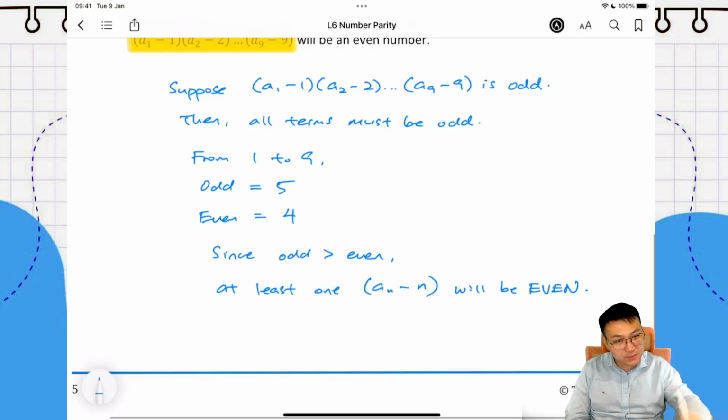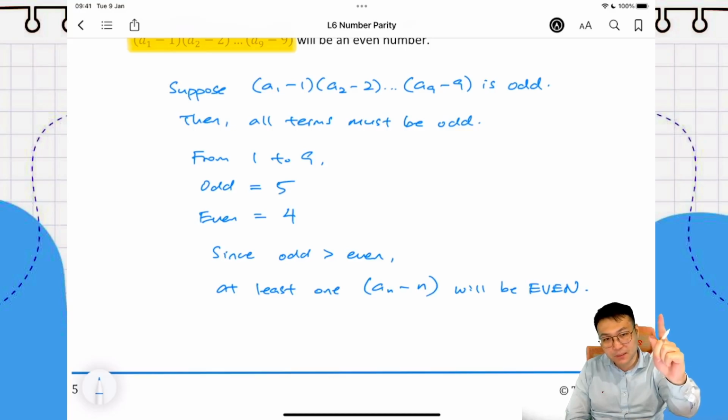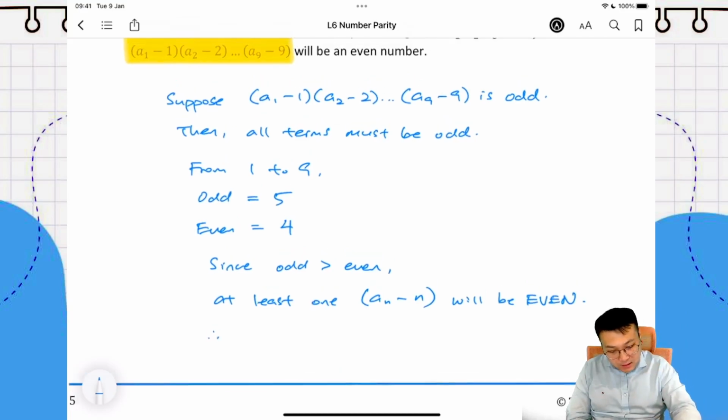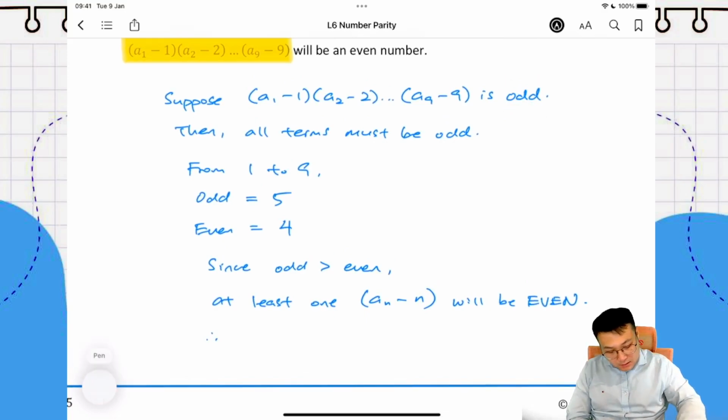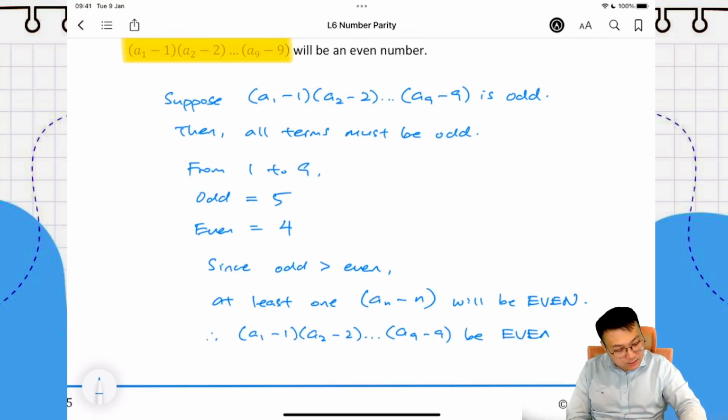And what did I say about even numbers? The moment you have one even number, the entire result will become even. Therefore, it is not possible for this to be odd. The outcome of this will definitely be even.